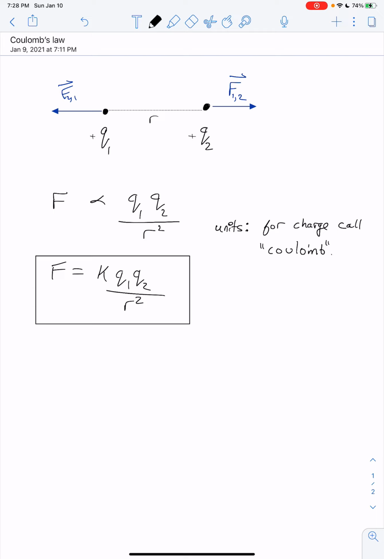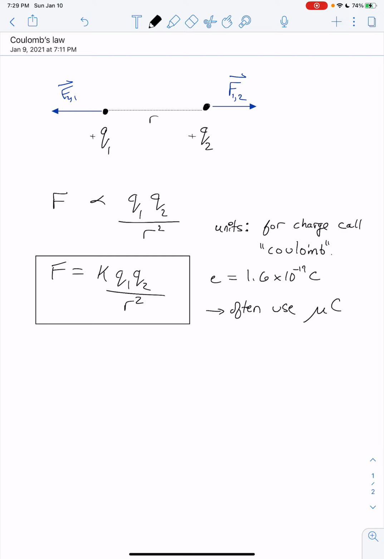For example, the fundamental charge, e, which is the small basic charge, is 1.6 times 10 to the negative 19 coulombs. Because that's a really small number, we often are going to use microcoulombs, just because that puts things in reasonable numbers.